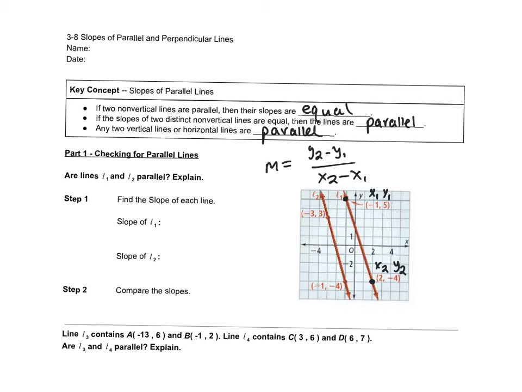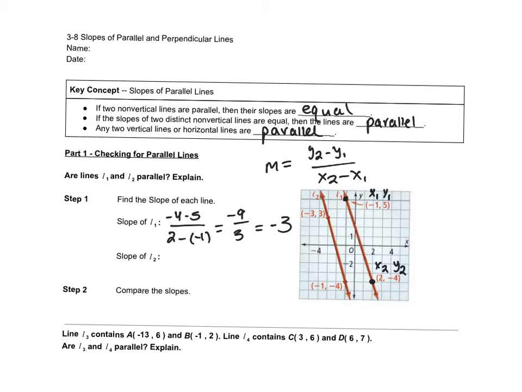So -4 minus 5, and then 2 minus -1. -4 minus 5 is -9. 2 minus -1 is 3. -9 divided by 3 is just -3.